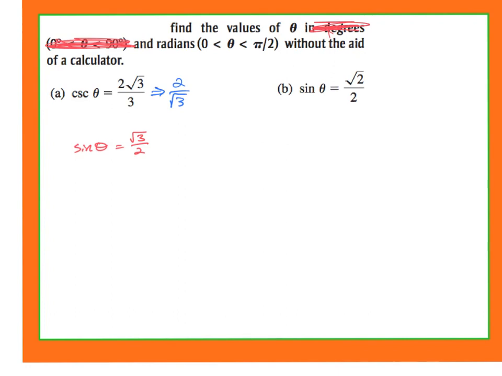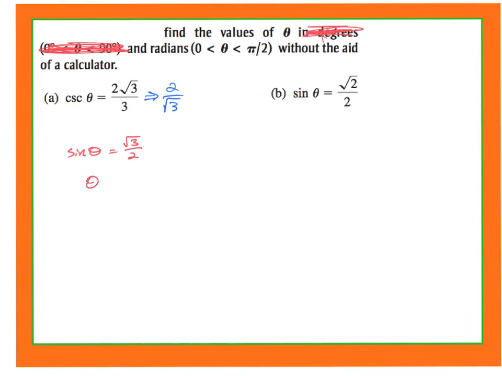Pi over 3. So theta is equal to pi over 3. 2 square root 2 over 2. This one's pretty straight up. So what do we get? Theta equals pi over 4. All right. Pretty good. I want to do another one.